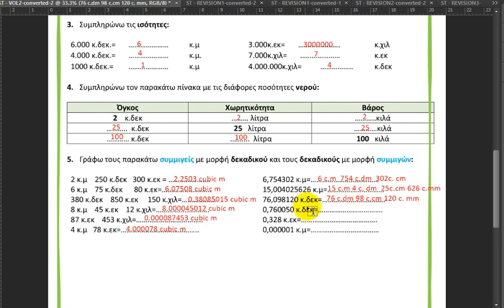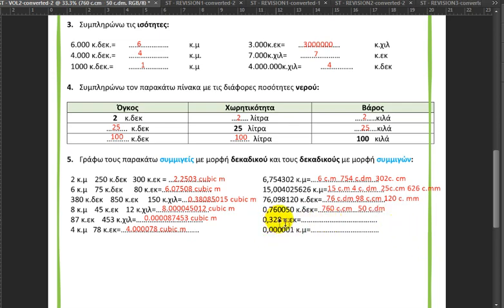All right. Then our next one is also given to us in cubic centimeters, but it's 0 up front. So I'm going to go straight to millimeters. So that would be 760 cubic centimeters, and then 50 cubic decimeters.